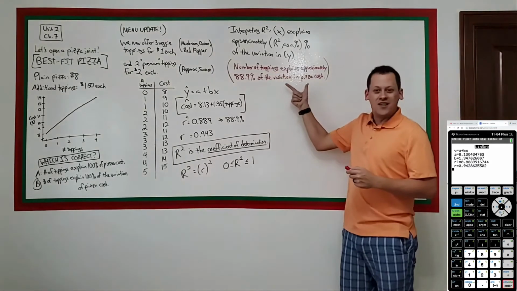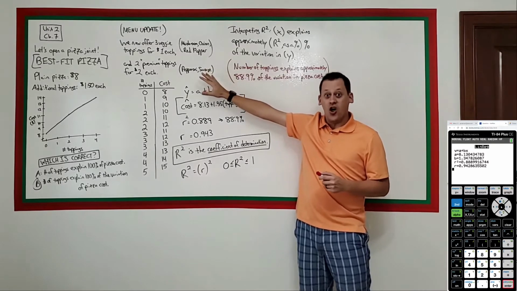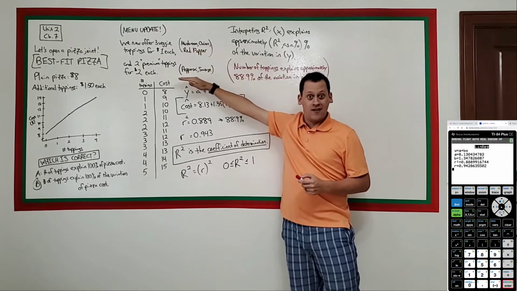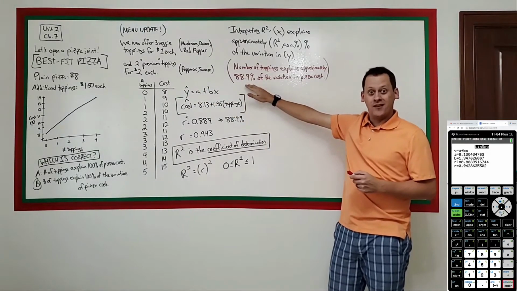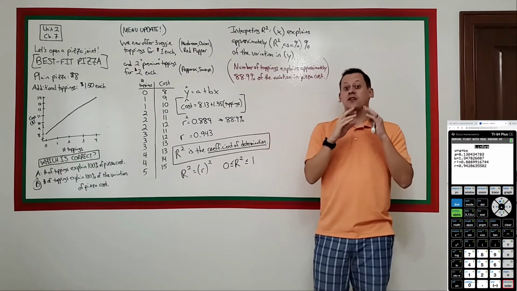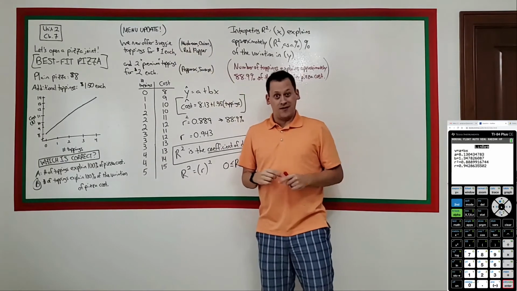What else is explaining the variation in pizza cost here? Not the number of toppings alone, but also which type of topping. So that might be the other 11.1%, right? It's not a straight line anymore on that scatter plot. There's some variability there. And that variability is also due to the type of topping, not just the number of them.